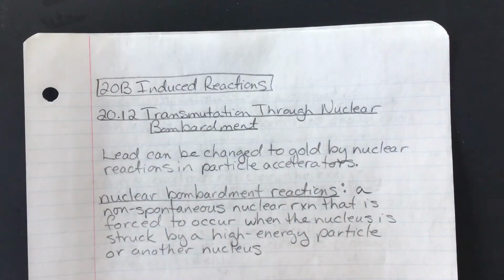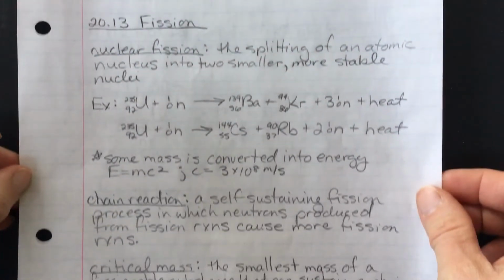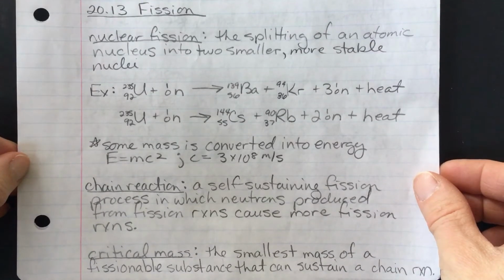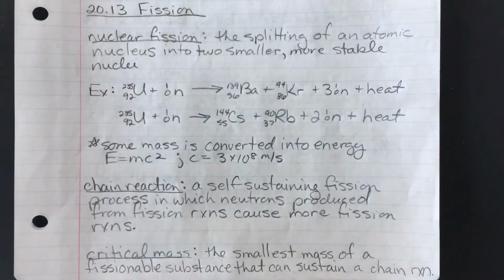So there are two types of nuclear reactions we're going to talk about when we use nuclear bombardment. And the first is fission. So go ahead and pause your video and copy that down.